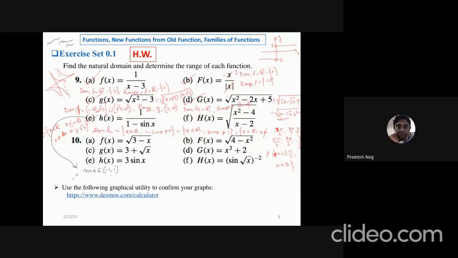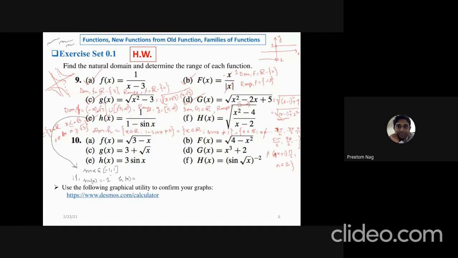Now if sin x equals to -1, then what will be hx? The numerator is constant, so the value of the denominator will be the only thing changed.